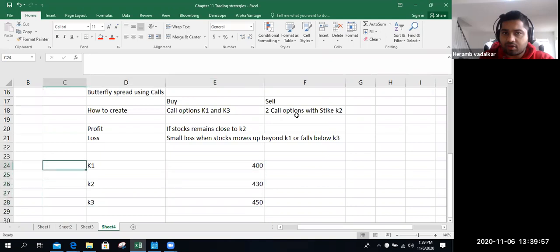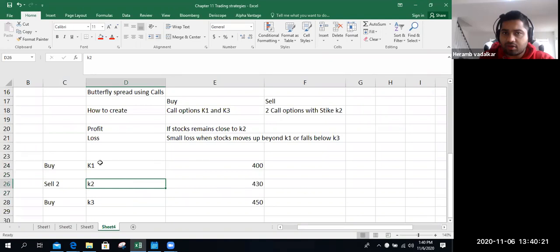How is this strategy created? You buy a call option of K1, you buy a call option of K3, and you sell two call options of K2. So buy K1, buy K3, and sell two K2.